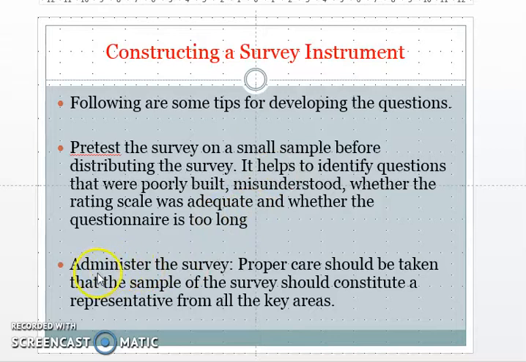After that, you have to administer the survey. Proper care should be taken so that the sample survey consists of representatives from all key areas. Okay, this is an important thing.